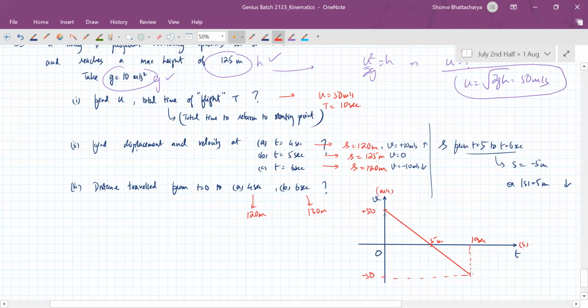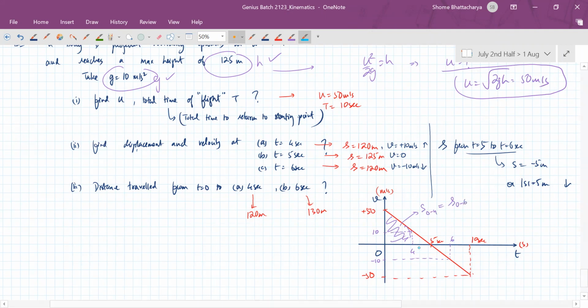Okay, so for example, in this itself, you can see now that at 4 seconds, it will be 10. Okay. And therefore, you can see at 6 seconds, that symmetry thing I was telling you about, it will be minus 10. So you can also understand that the displacement from 0 to 4 is this area. This is the displacement from 0 to 4, but that is also equal to the displacement from 0 to 6.